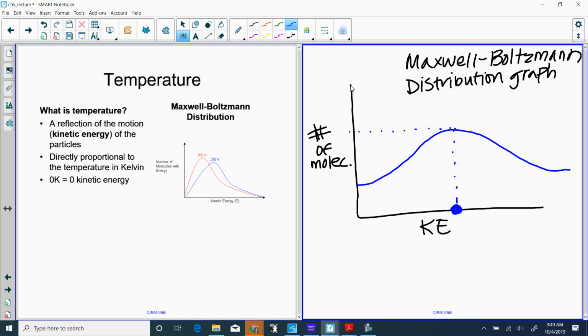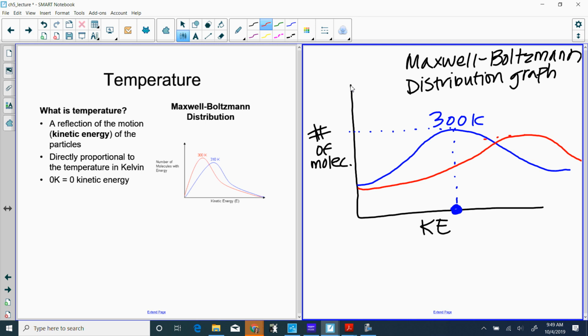Now let's call that 300 Kelvin. Let's draw a hot one. If I took data on 100 hotter molecules, their distribution might look like this. Move the hump over. How far? I don't know. Just scooch it to the right.